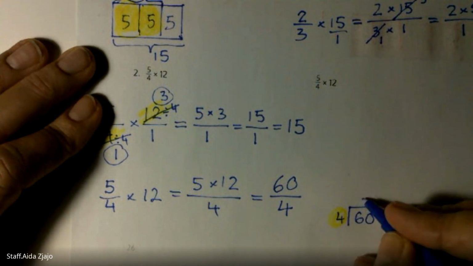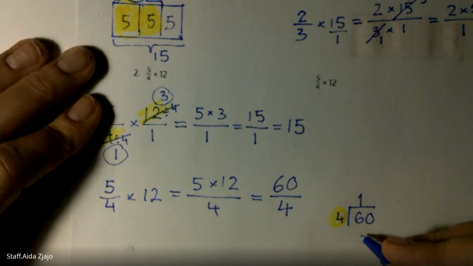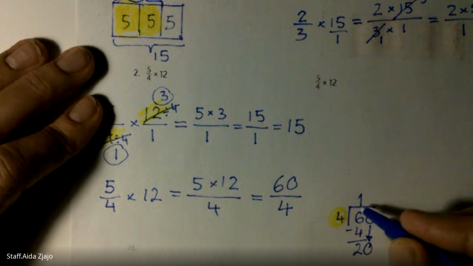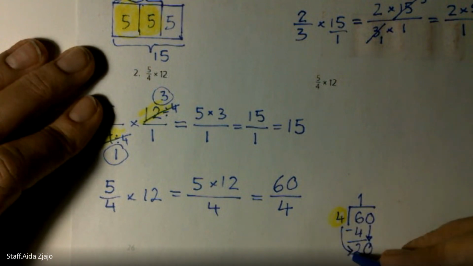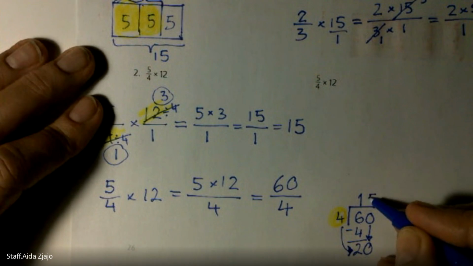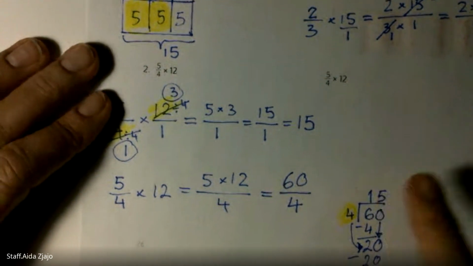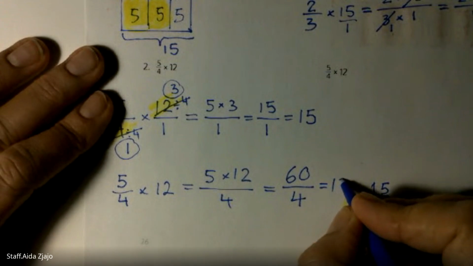6 goes into 4 once. 1 times 4 is 4. When you subtract, you have 2 left over. You bring down the 0. So how many fourths are in 20? There are 5. 5 times 4 is 20. And we have no remainder. So once again, we got the same answer.